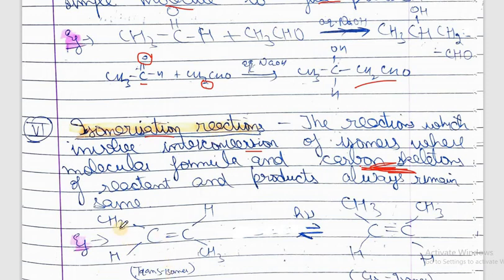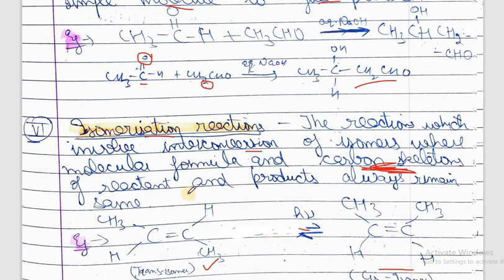The example is 2-butene, and it is a trans isomer because the CH3 groups are opposite to each other. When it is heated, or in the presence of light, it rearranges to give the cis isomer, that is, the CH3 groups are on the same side.